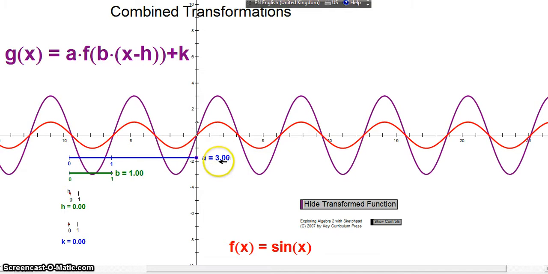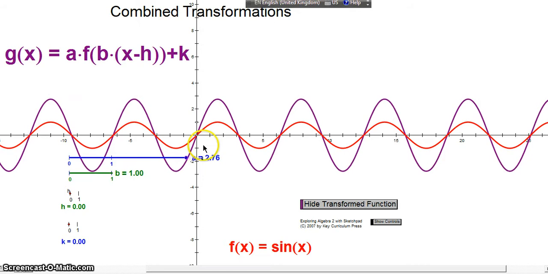As you can see, 0 times 3 is still 0, so all the 0 points stay. However, look at the maximum value right now. The maximum value used to be 1, and now it becomes 3 because you stretched it by 3. So now it's still a periodic function, but it hits as high as 3 and as low as negative 3.